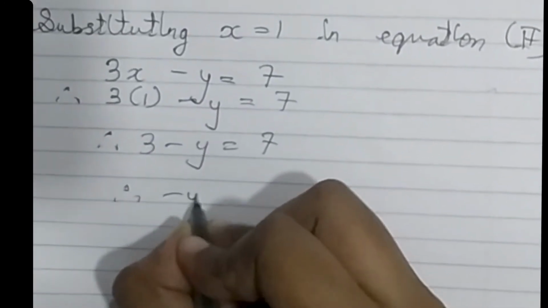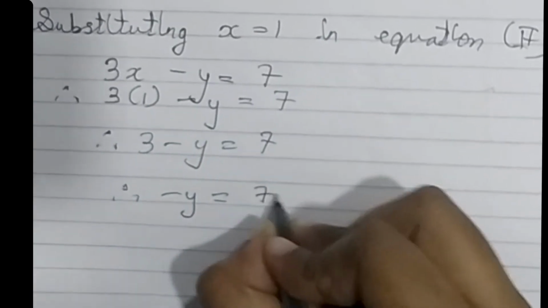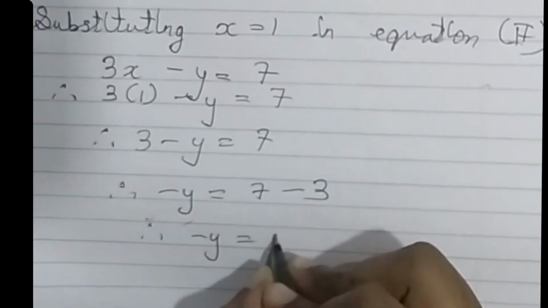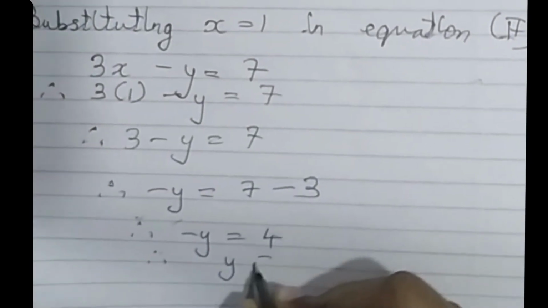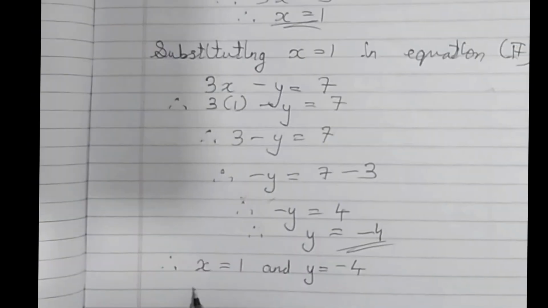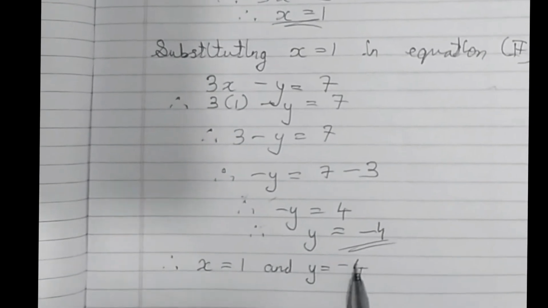Therefore minus y equal to 7 minus 3. Therefore minus y equal to 4. y equal to minus 4. So this is the answer. Therefore x equal to 1 and y equal to minus 4.